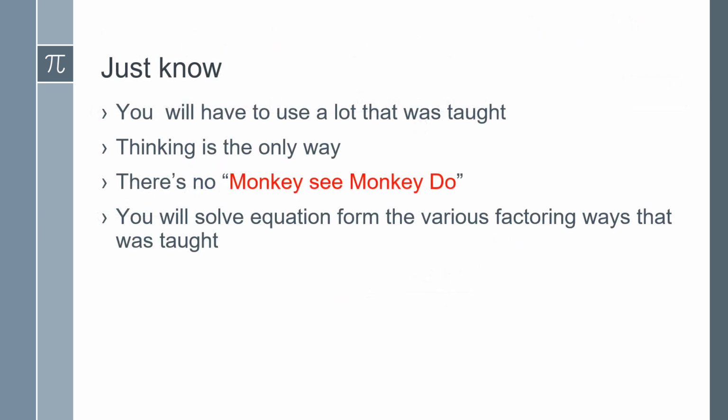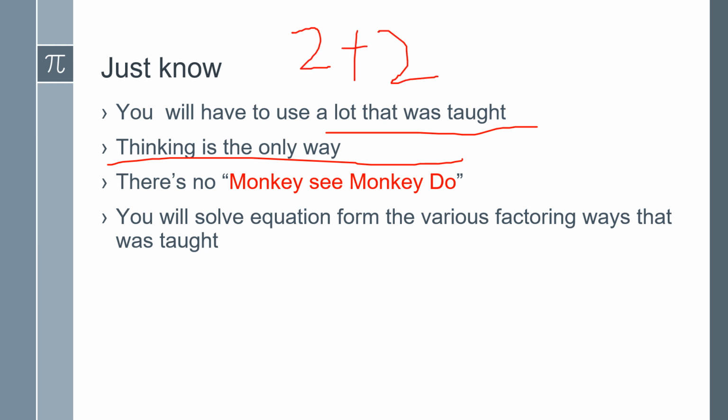Alright, just know you got to use what's being taught. And you got to use a lot of what's being taught. Thinking is the only way. There's no monkey see, monkey do, because I know you guys think, oh, if it looks exactly like 2 plus 2 on the test, I want to see 2 plus 2. No, that's not how math works.